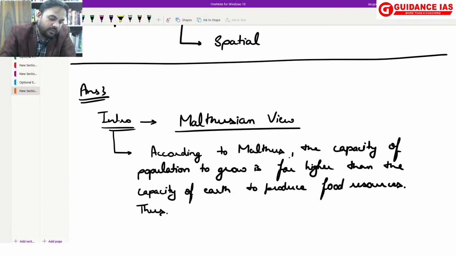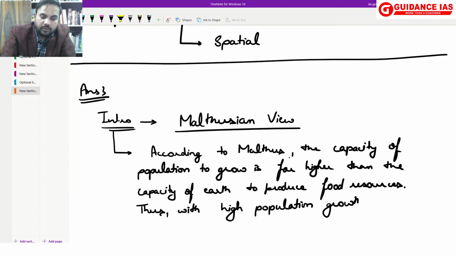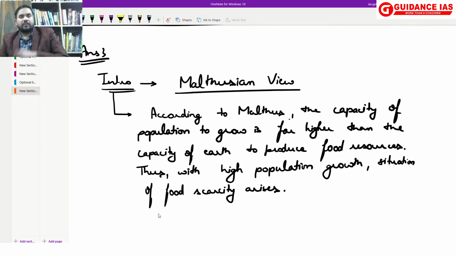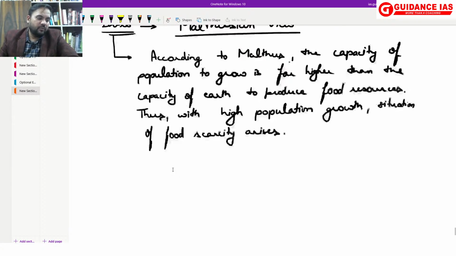Thus, with high population growth, a situation of food scarcity arises. Situation of food scarcity arises. So this would be our introduction.